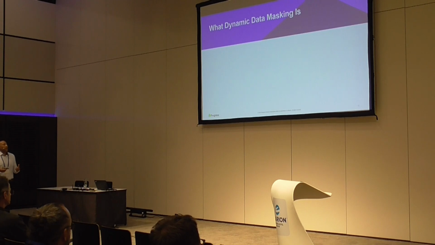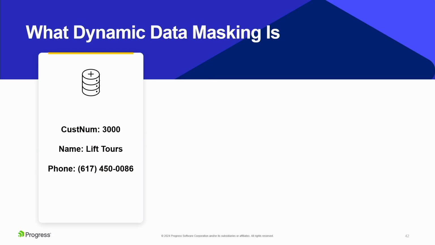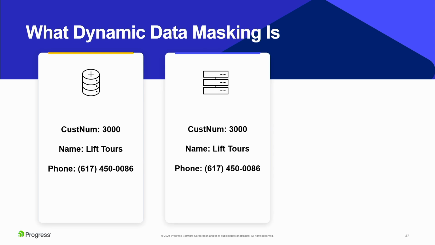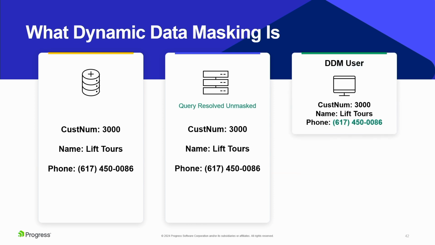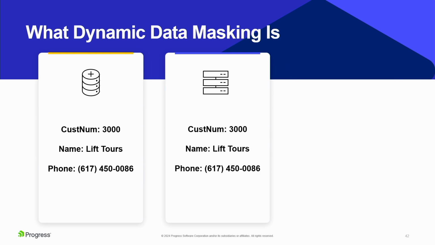And so what dynamic data masking is: you have a database. That database has DDM enabled and activated. You have a company, and it has information of that company in that database. But between the client, where that information is served up, and the database, you have the internal memory buffers. Those internal memory buffers hold that same exact information as the database.